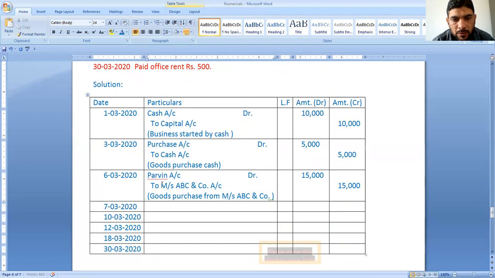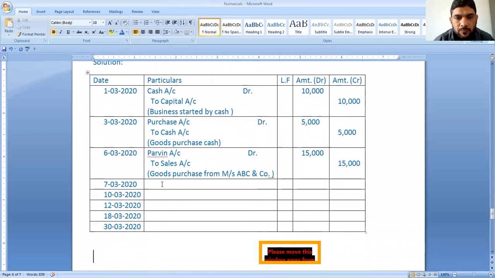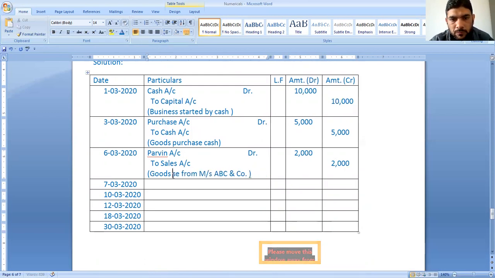Parveen account will be debited and sales will be credited, and the amount is 2000. And we can write here goods sold to Parveen.